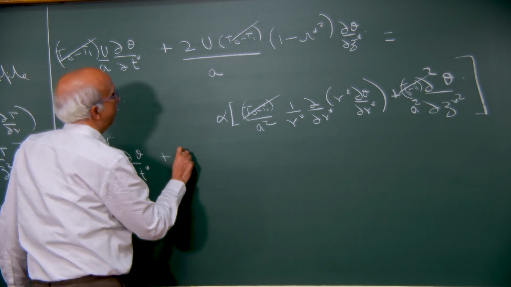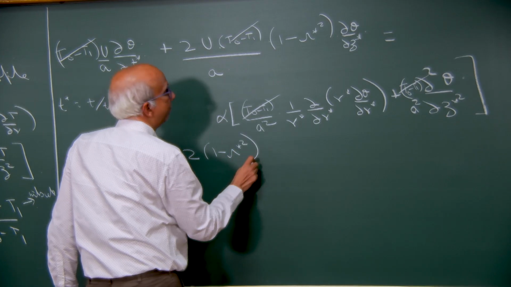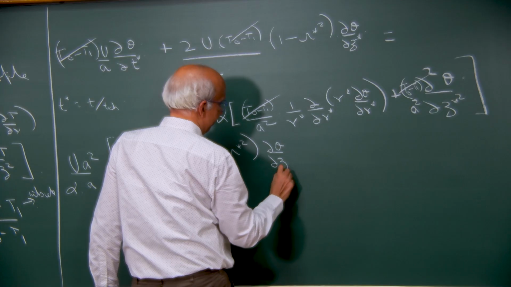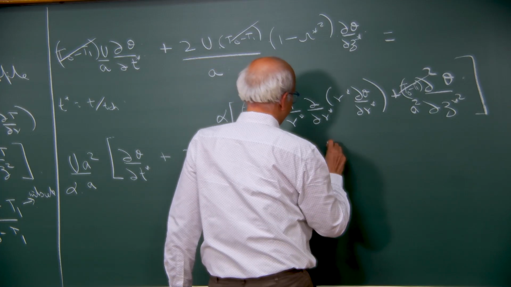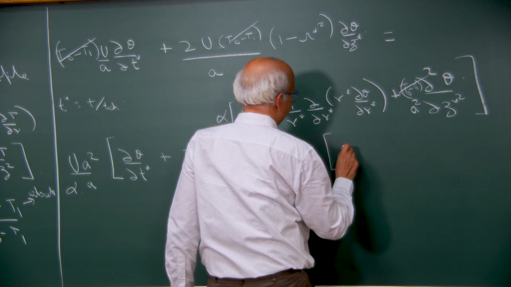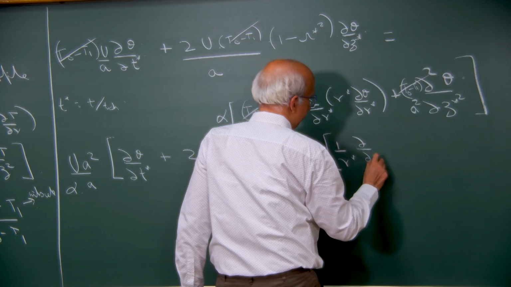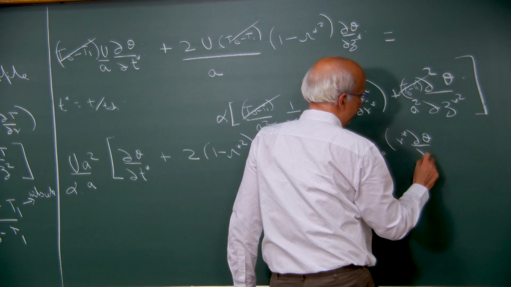Okay. I can take U by A common outside, I get d theta by dt star plus 2 times 1 minus r star squared d theta by dz star equals the conductivity term, which is 1 by r star d by d r star of r star d theta by d r star.